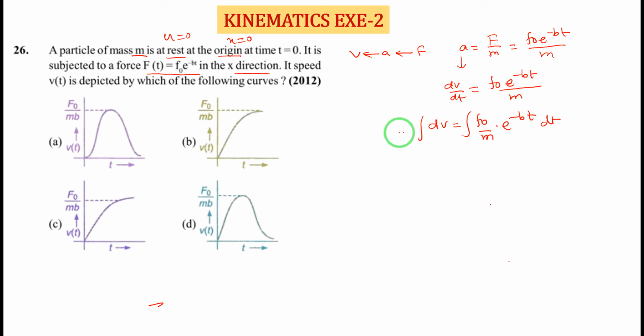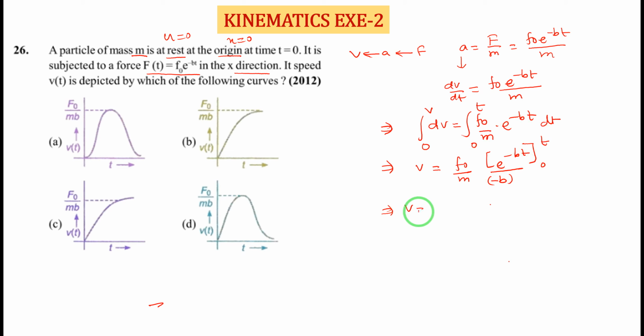Now put integration on both sides. The limit of time will be from 0 to t and the limit of velocity will be from 0 to v. So on the left-hand side we get v, and on the right-hand side F naught upon m, e to the power minus bt, and the coefficient of t, that is minus b, will go into the denominator like this, on integration from 0 to t.